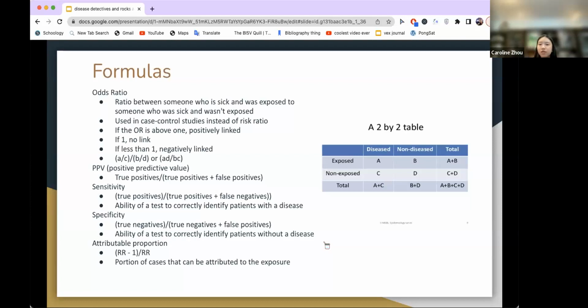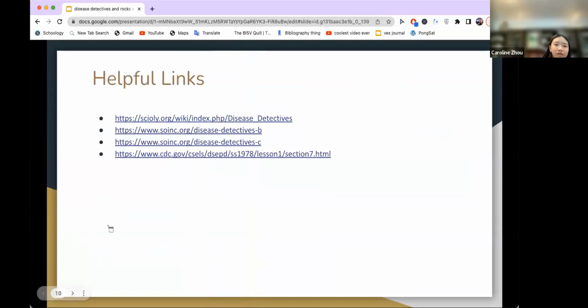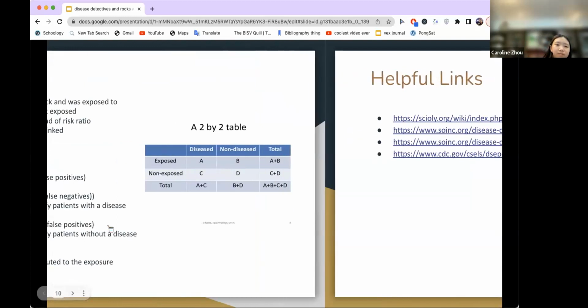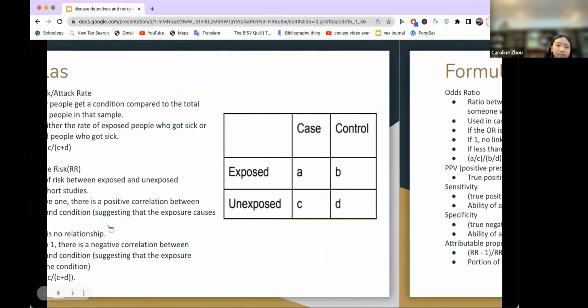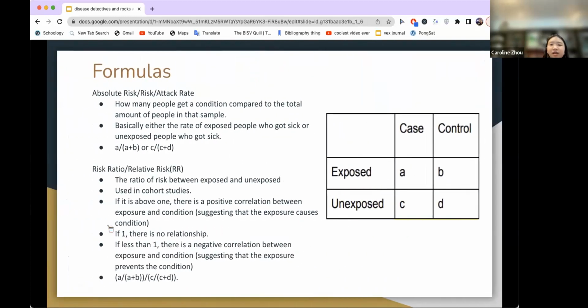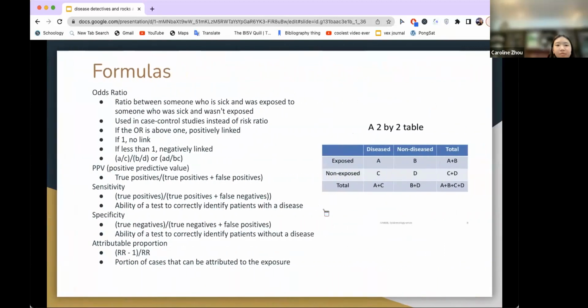Remember the risk ratio on the previous slide: you calculate it to see the ratio of risk between exposed and unexposed, but it doesn't actually tell you how many cases were caused because the patient was exposed. So attributable proportion does tell you how many cases are actually caused by the exposure.